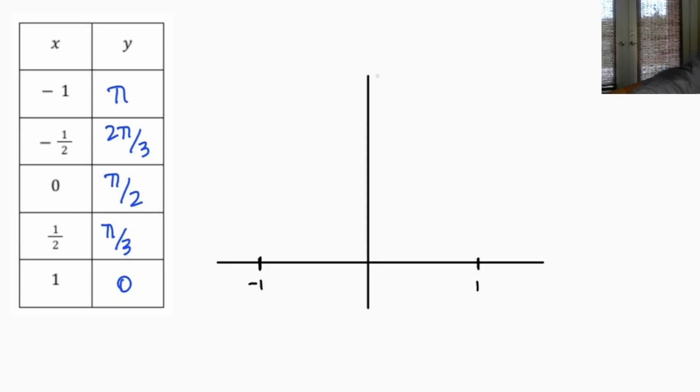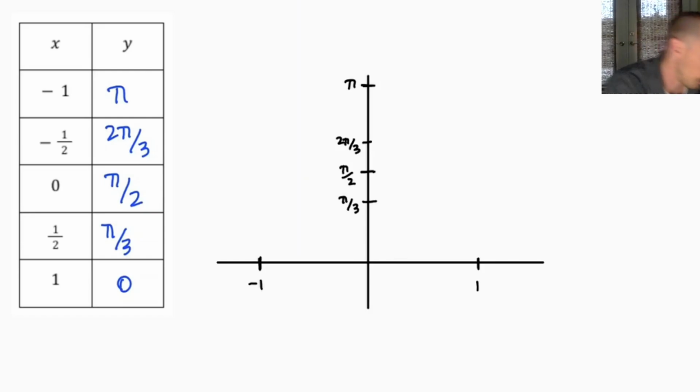I've got pi, half of pi, a third of pi, and 2/3 of pi. The scale might be a little off, but the shape of the graph should be good.